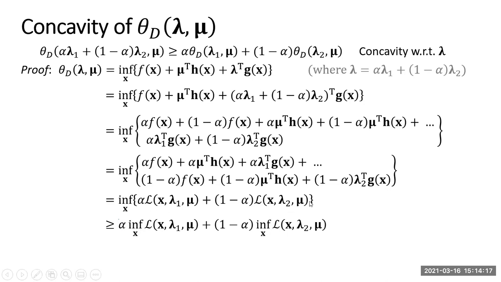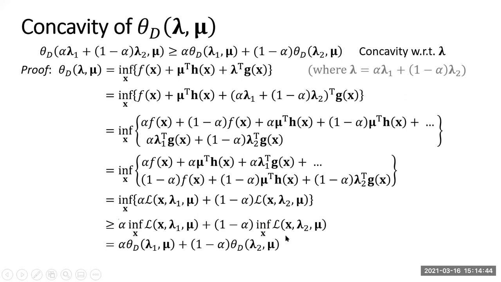So what I landed up with, theta d lambda mu, is greater than or equal to alpha times the infimum of this term plus 1 minus alpha times the infimum of this function. And what is this? The infimum is theta d lambda 1 mu, by definition.